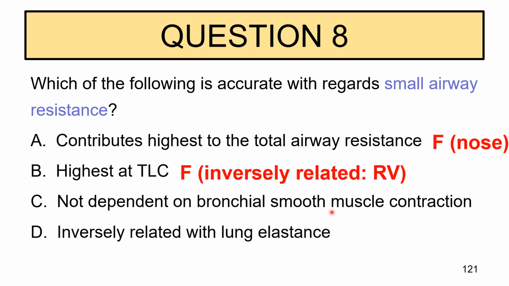It is not dependent on bronchial smooth muscle contraction: both the large and the small airways are dependent on bronchial smooth muscle contraction. Inversely related to lung elastance, that's the correct answer. The greater the elastance, the greater the radius, the smaller is the airway resistance.